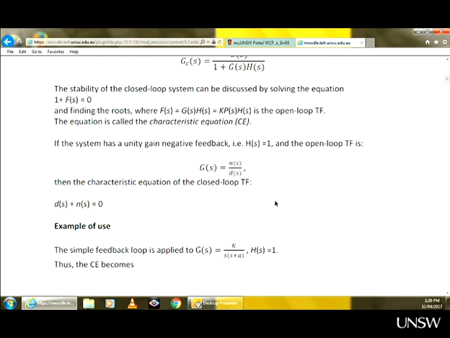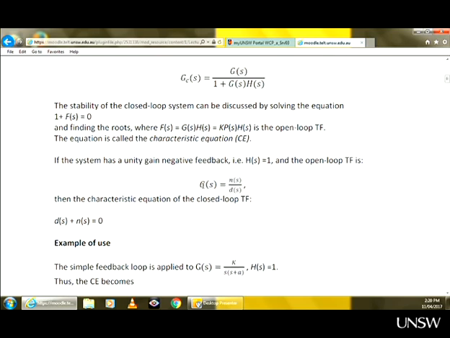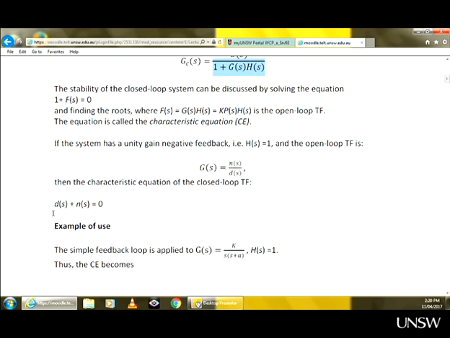Still with the open-loop transfer function, we know that it is a ratio of two polynomials, numerator and denominator. But when you apply a negative feedback loop, the new denominator is actually equal to the sum of the old denominator and the old numerator.